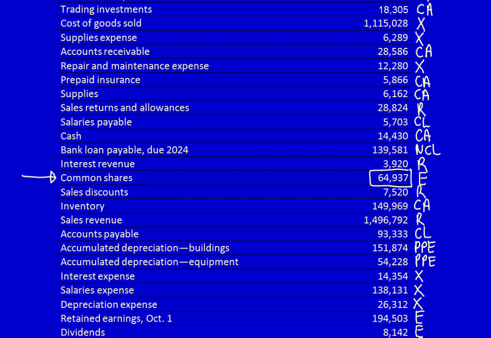It's important to recognize that the common shares on the listing you receive will be the ending common shares, not the opening balance. Ending balance is always given to you on the listing. So you cannot use this as the opening balance because it will automatically be wrong.